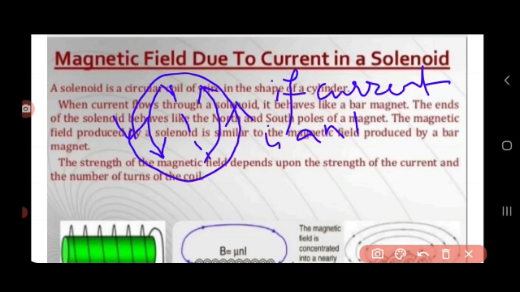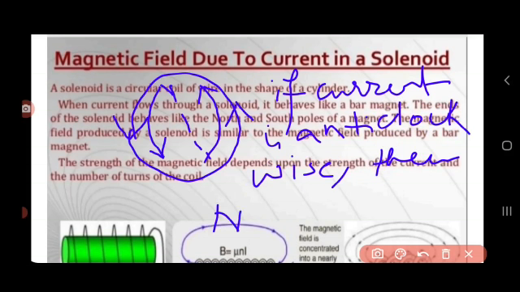Now suppose current is clockwise, then what has happened? See in this diagram, current is clockwise. Again we have to draw two curved lines and put the arrow as per the direction, and free ends are joined.